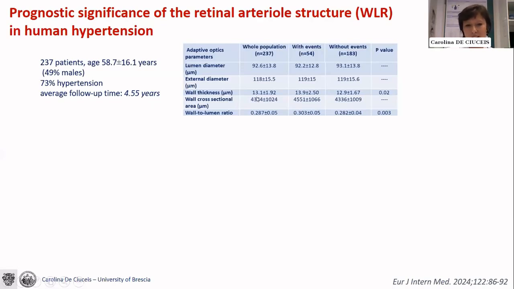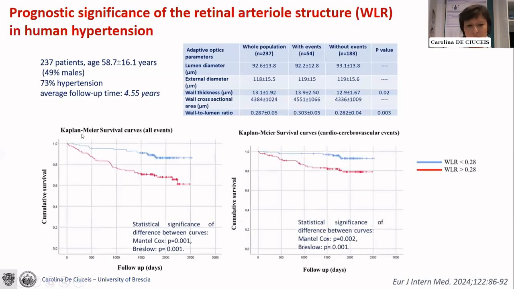We observed that the wall-to-lumen ratio of retinal arterioles was higher in patients with events compared to patients without events. And more interestingly, by looking at the Kaplan-Meier survival curves, we observed that patients with a wall-to-lumen ratio of retinal arterioles above the median value of the population have a higher incidence of total events compared to patients with a lower wall-to-lumen ratio.